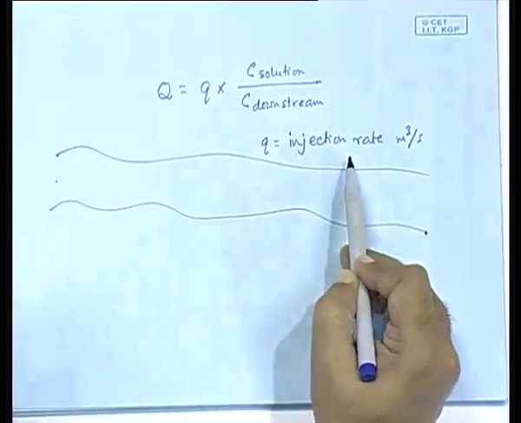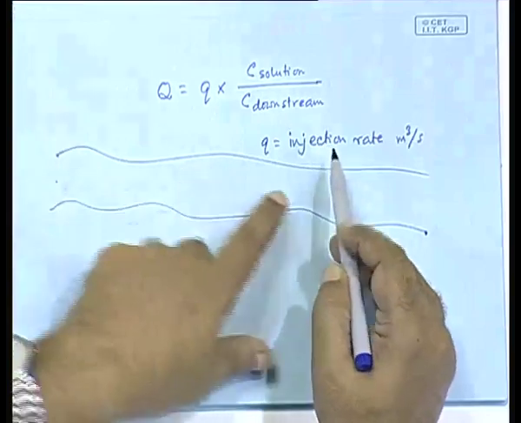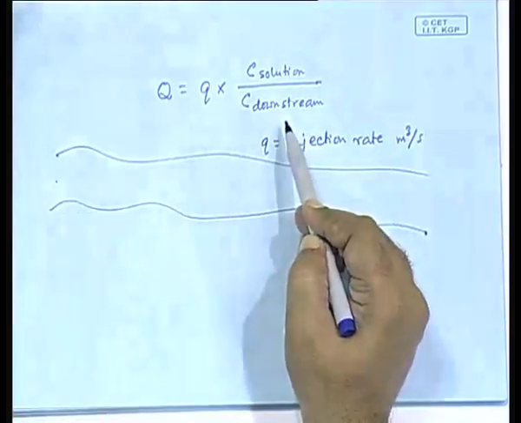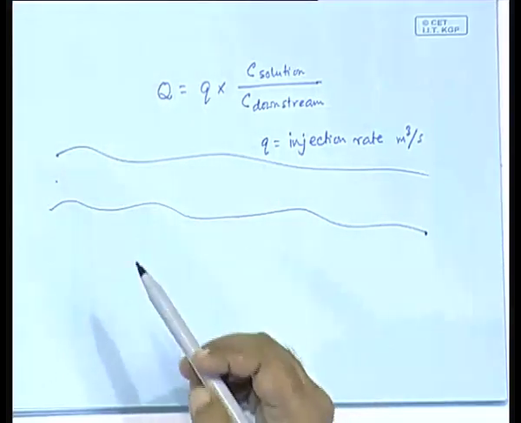So, the rate at which you are injecting the fluid will be multiplied by this factor, which will be large, to get the actual flow rate. Clear?